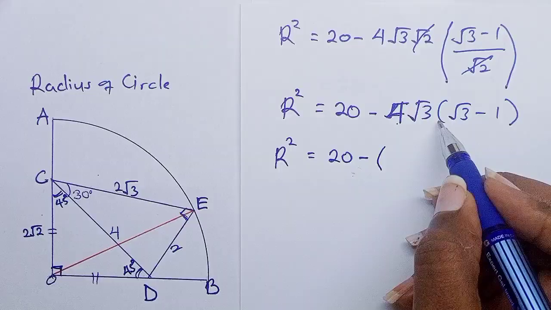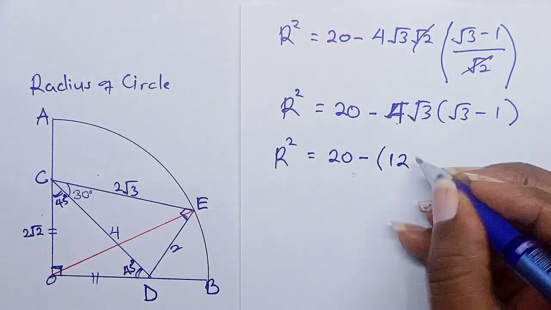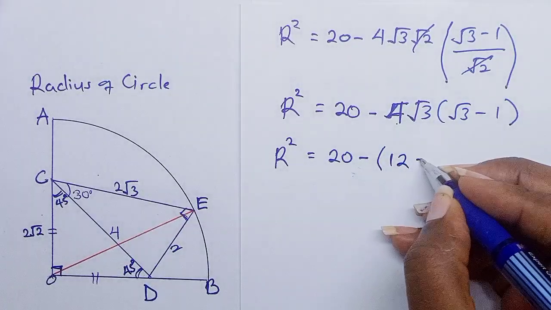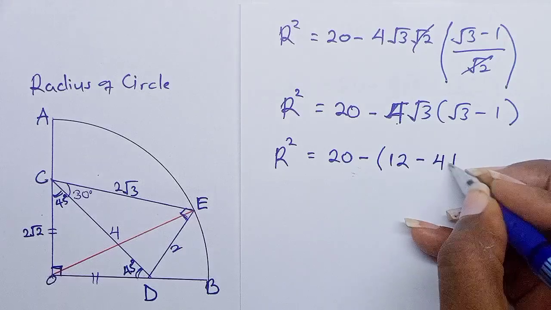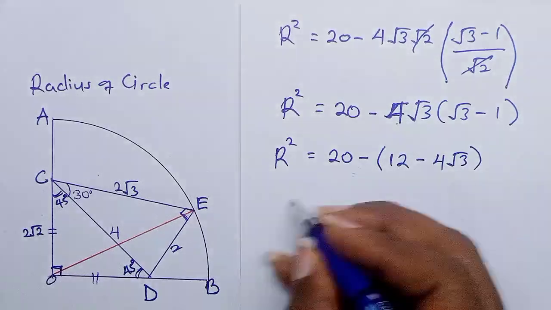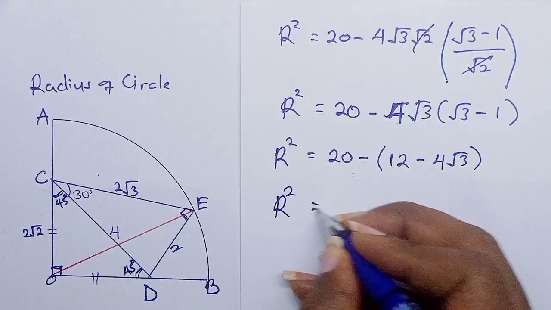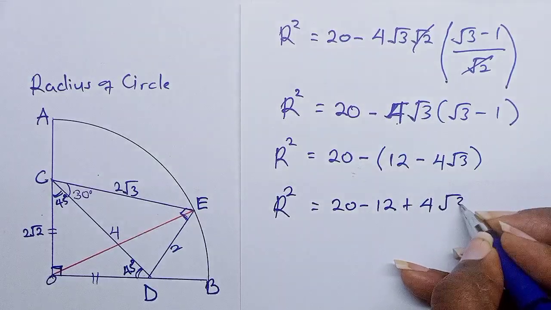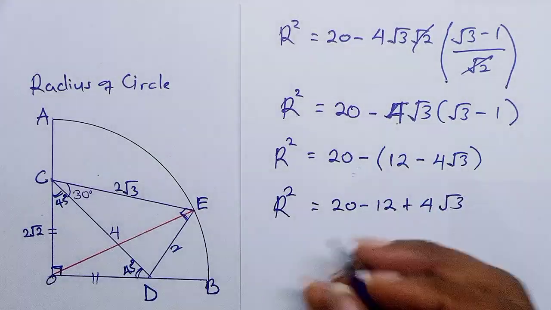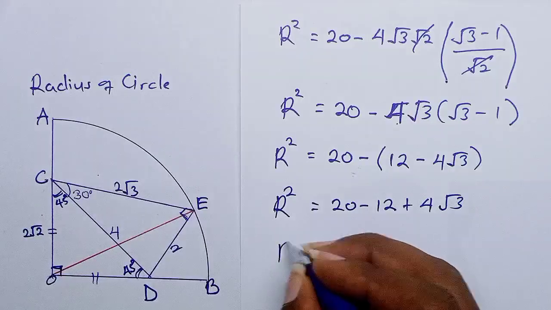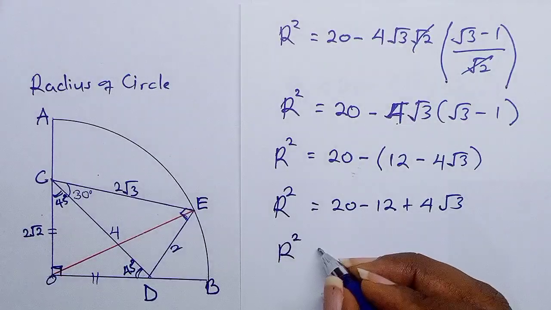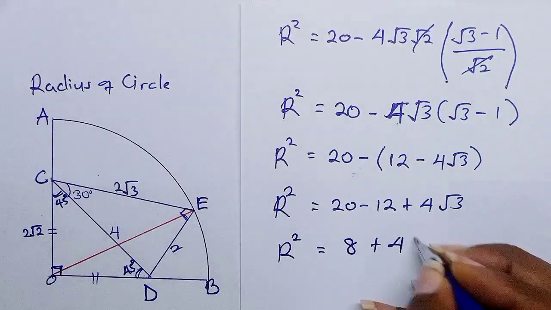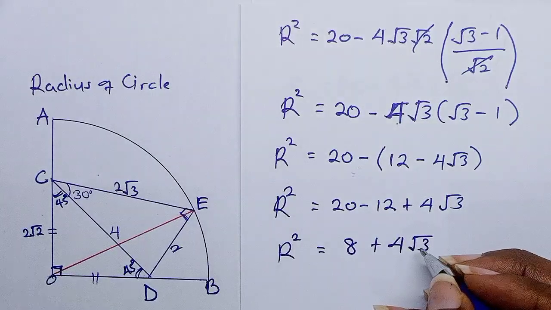Okay? So 3 times 4 is 12. Then minus 4 root 3 times 1 is 4 root 3. So we open the bracket. We shall have R squared is equal to 20 minus 12 plus 4 root 3, because negative times negative. So R squared gives us 20 minus 12 is 8 plus 4 root 3.